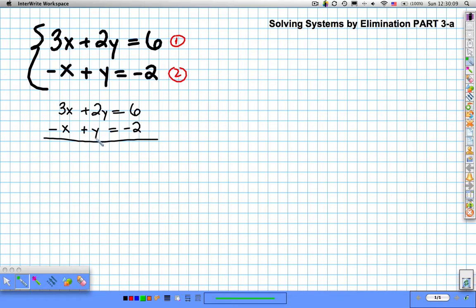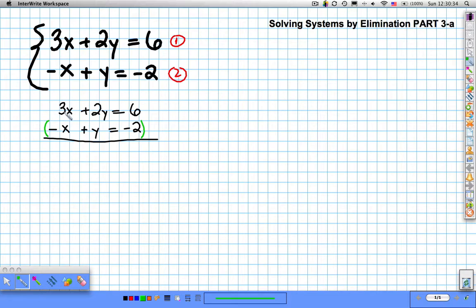I've actually created 2 options here. I could multiply by 3 and cancel out the x's and then solve for y, or I could multiply my second equation by -2, which would cancel out the y's, and then solve for x. It doesn't matter which one we do. I'm going to go with the x's, that way I'm multiplying by a positive number.